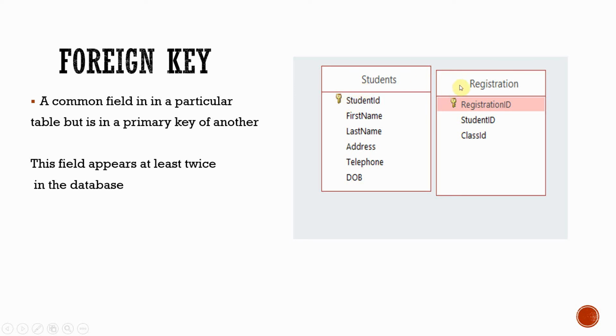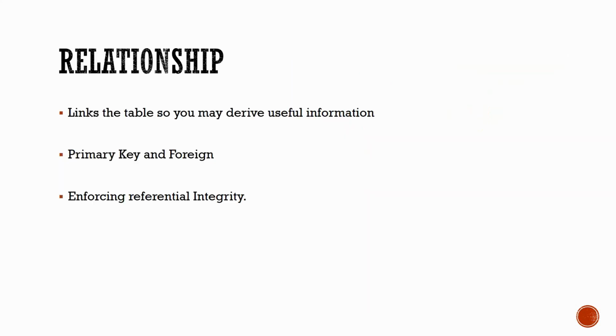When you move over to the registration table, you will see student ID again. This is a foreign key because it's a common field. There's no big yellow key beside it here in the registration table. However, it's a primary key of another. So once it fulfills this condition of being common in one table but primary in another, that's a foreign key.